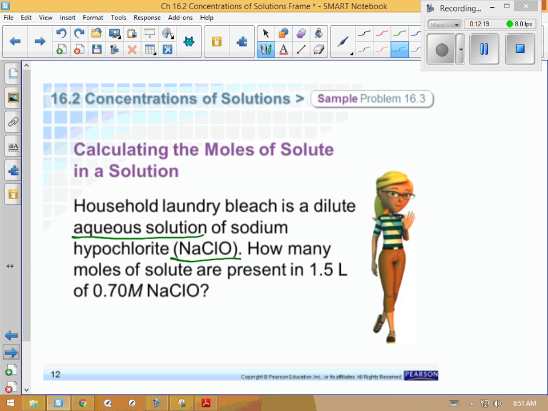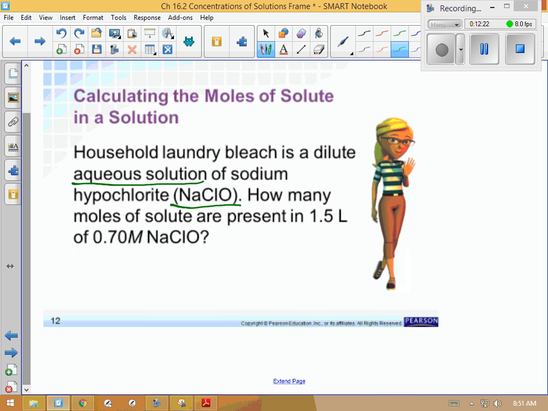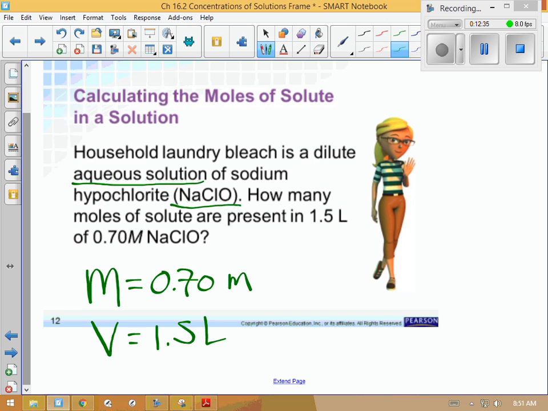So, they gave us big M equals 0.70 molar. And they gave us a volume of 1.5 liters.